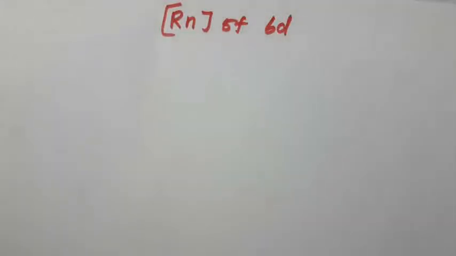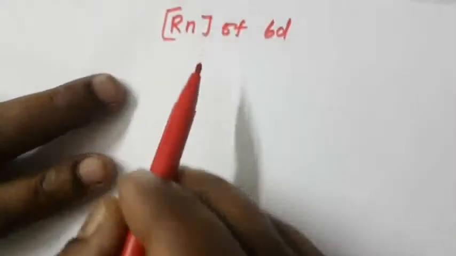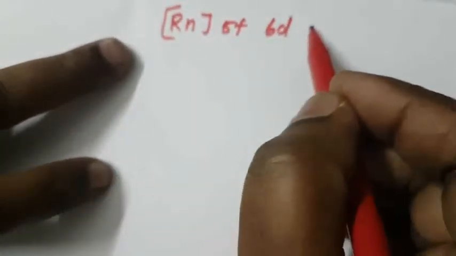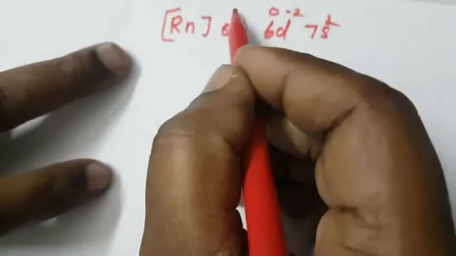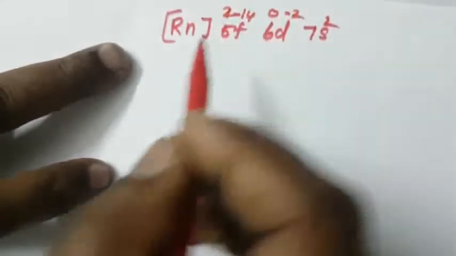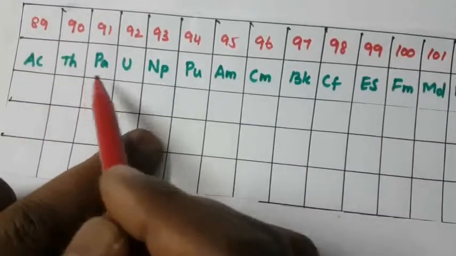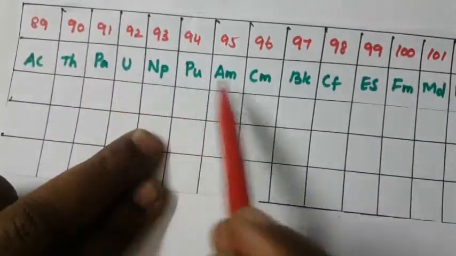Next we are going to see how to write the electronic configuration of the actinides. The general electronic configuration is 7s2, that is 0 to 2, and 5f 1 to 14. Here is a small trick: I am writing the electronic configurations for 89, 90, actinium, thorium, protactinium, uranium, up to lawrencium.